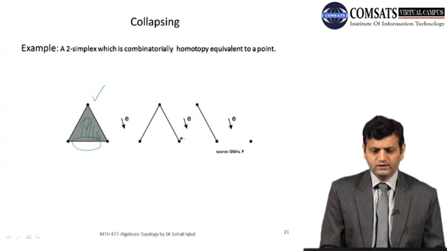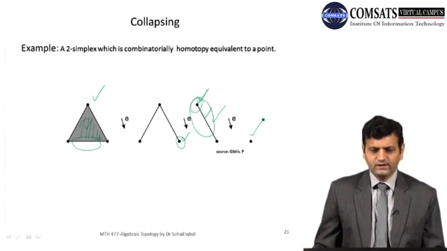Similarly, we can collapse this edge with this vertex because it is a free face, and we get this. And similarly, we can collapse this face, which is a free face of this edge, and we get this one point. So a 2-simplex is combinatorially homotopy equivalent to a point.